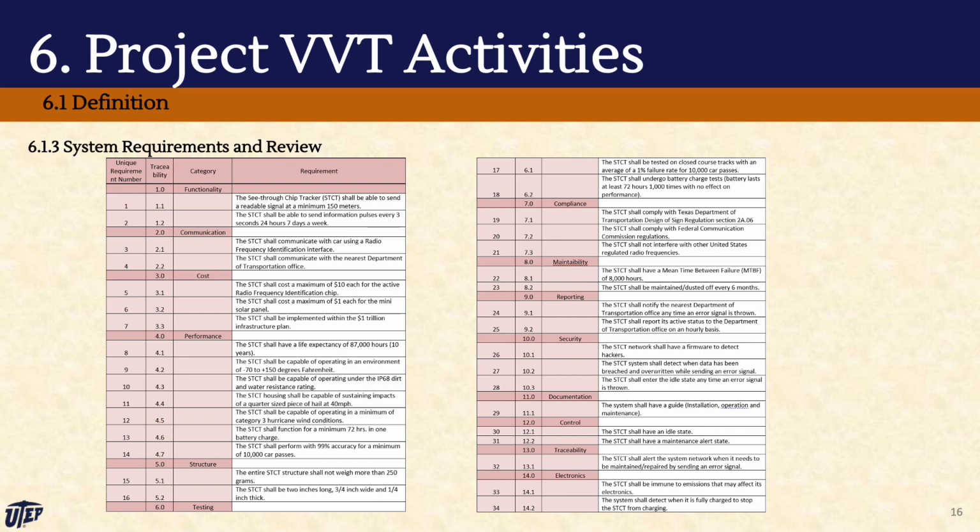6.1.3 System Requirements and Review. The system requirements are defined and initial defects are removed. The developed system must meet the requirements in order to consider the system successful. The categories for the requirements are functionality, communication, cost, performance, structure, testing, compliance, maintainability, reporting, security, documentation, control, traceability, and electronics.